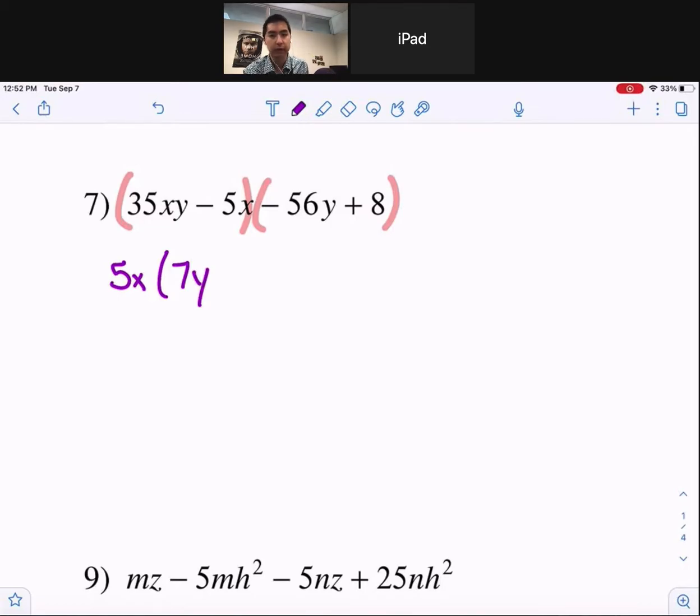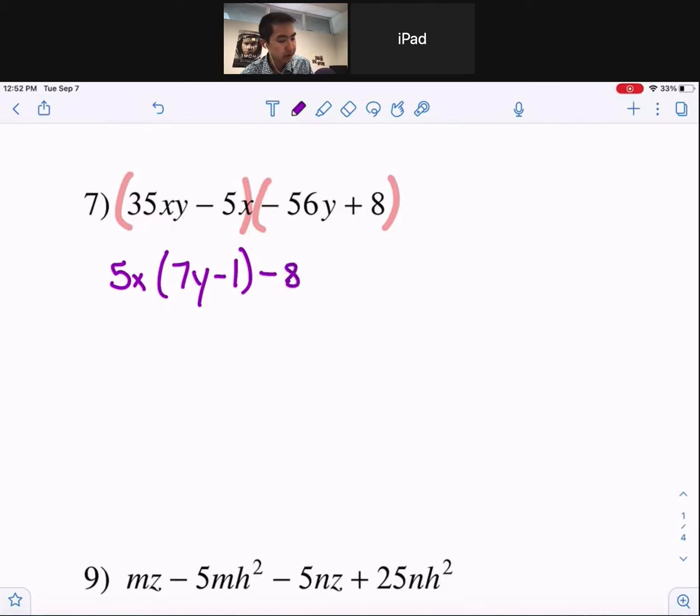We just drop the y down. Negative 5 divided by 5 is negative 1. And again, we already factored an x away from both of these. So this one used to have an x, now no more x. So just minus 1. From the other group, I can factor out a negative sign because there's a negative in the front. And what could go into 56 and 8? 8.